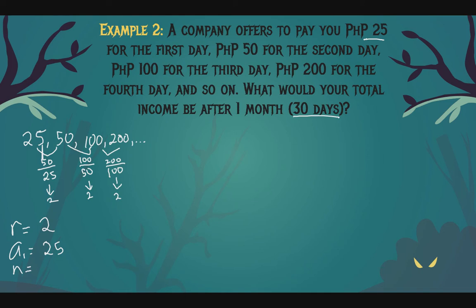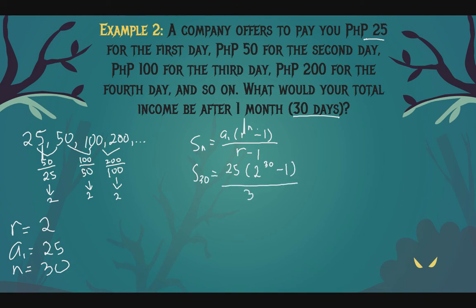So, gamitin na natin yung formula na S sub n is equal to, ano ulit ang ating formula? Ayun. A sub 1 times r raised to n minus 1 over r minus 1. So, magiging S sub 30, a sub 1 natin is 25 times common ratio 2 raised to n, which is 30, minus 1 over 2 minus 1 lang pala.